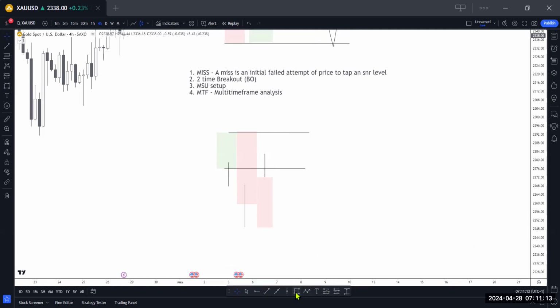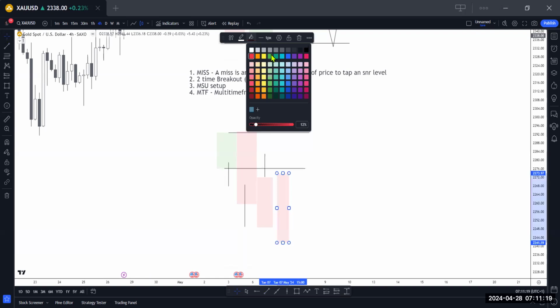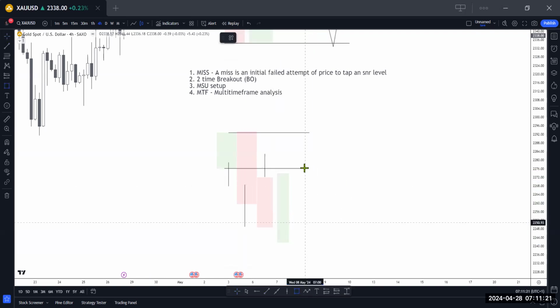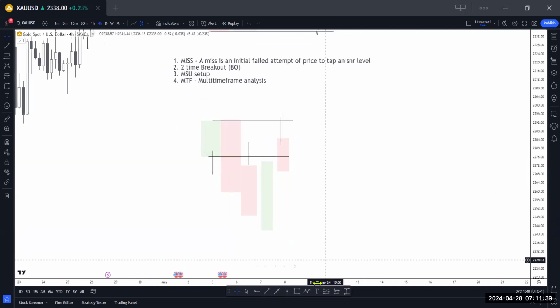So it means that price can decide to come back in an interesting way. We can have something like this, and then something like this, tap, becomes a red candle, and then price would start to drop.